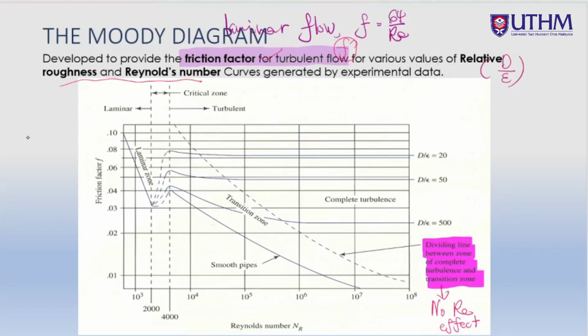Kan? So macam saya cakap tadi, usually soalan, apa-apa yang paling penting pun kita dapatkan Reynolds number dulu. Bila kita dah dapat Reynolds number, kita kena dapatkan friction factor. Friction factor ni pula bergantung kepada condition, yang sama ada dia laminar atau turbulent. Kalau laminar senang, kita guna equation dia pun simple.